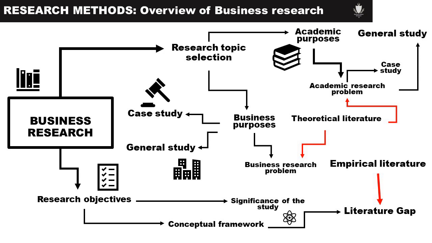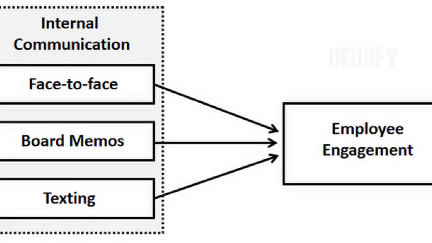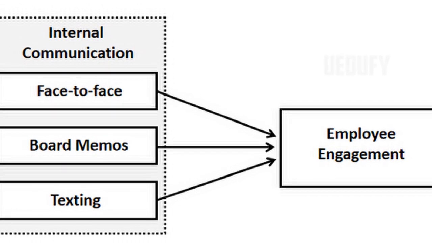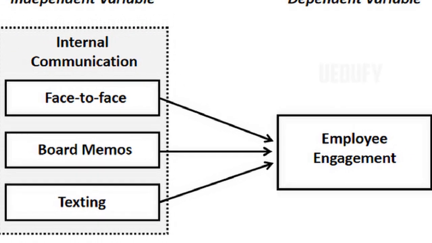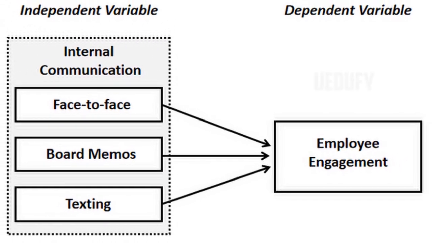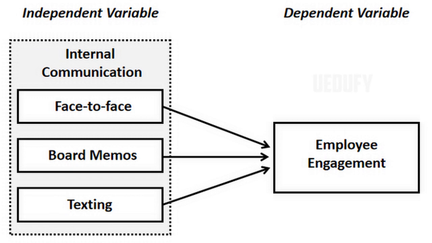Now, this implies that there should be alignment between the way you have expressed your research objectives and how your conceptual framework actually appears, right? Because the conceptual framework usually shows how the variables in the research objectives are connected to the dependent variable of interest.